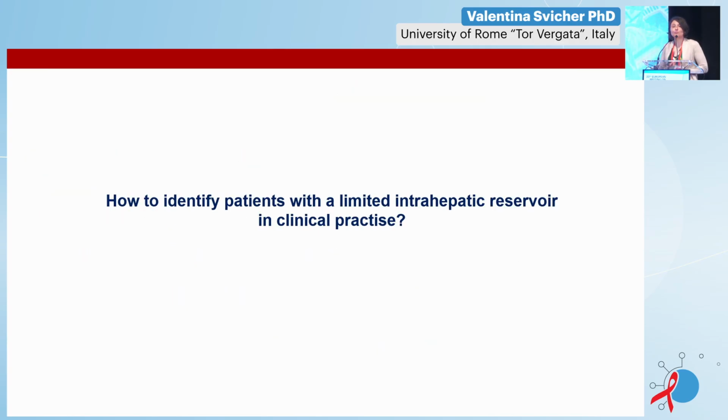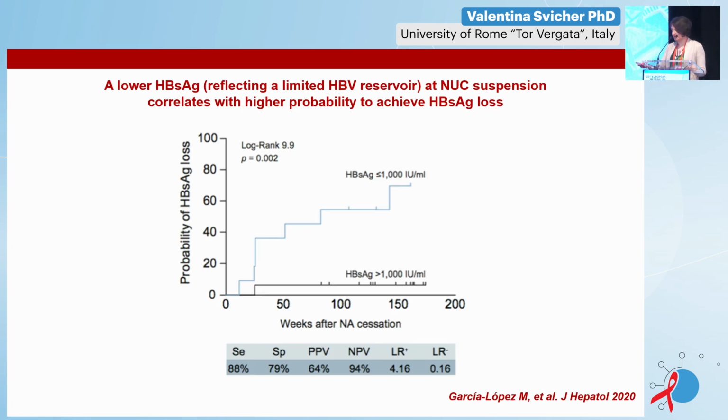But in clinical practice, how can we understand people who have a limited intrahepatic reservoir? Different studies, including this one, have shown that having an HBsAg less than 1,000 international unit per ml at baseline, so a low HBsAg, correlates with an increased probability of HBsAg loss.